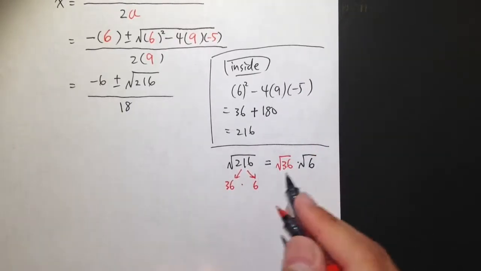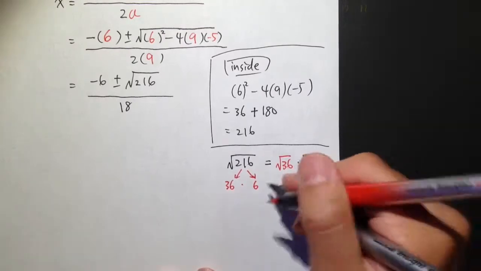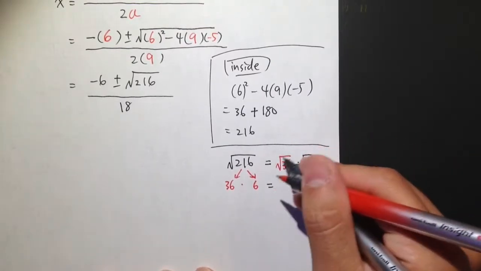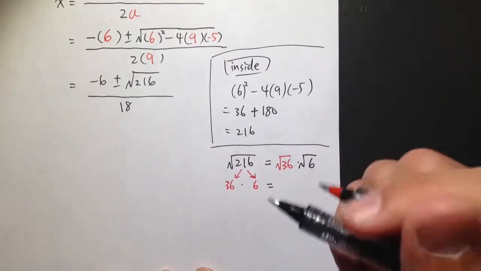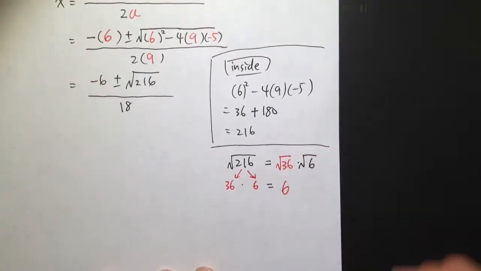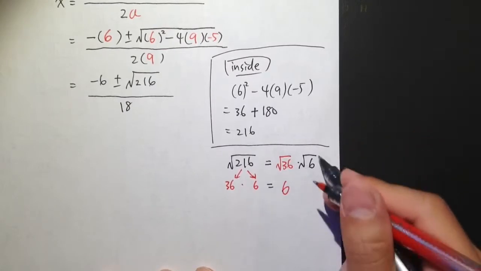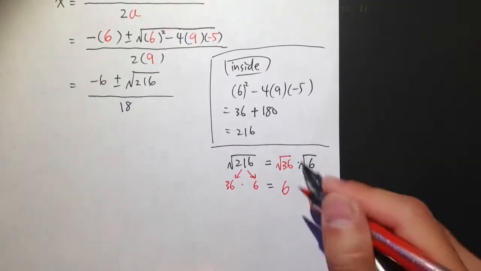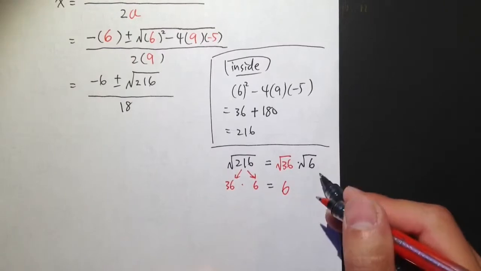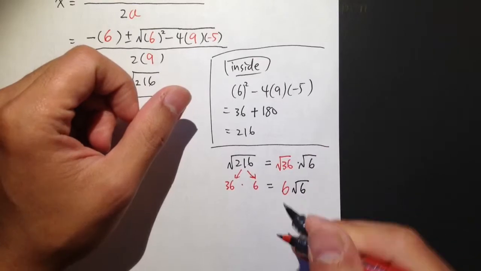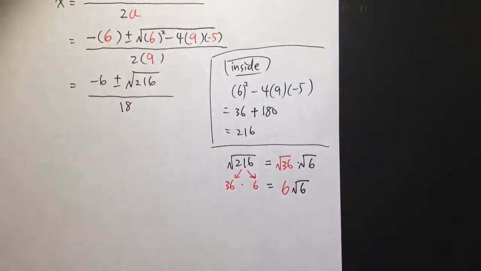So notice that I can break down into 2 square roots, okay? Then, by looking at this, I know that square root of 36 is a regular number, 6. But then square root of 6, this 6 inside, I cannot simplify this anymore, because that's like 2 times 3, but I cannot simplify that anymore. So we just maintain this as square root of 6 right here.